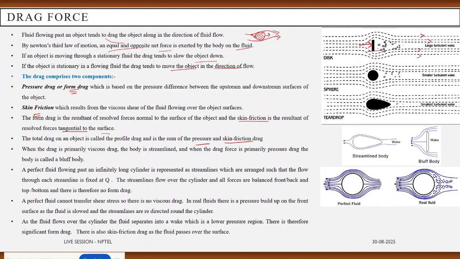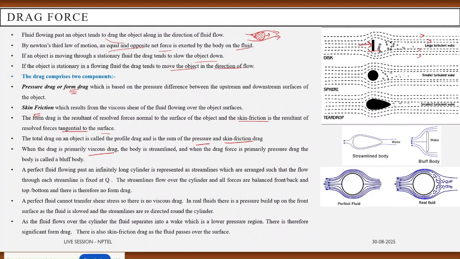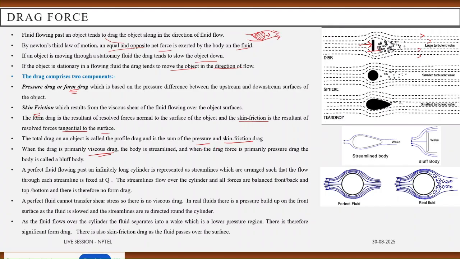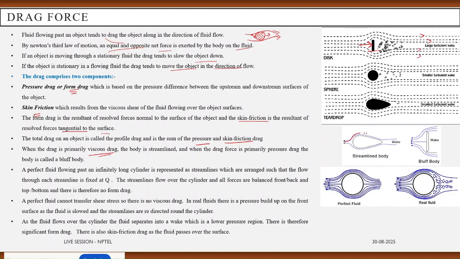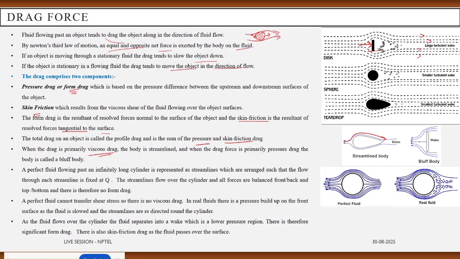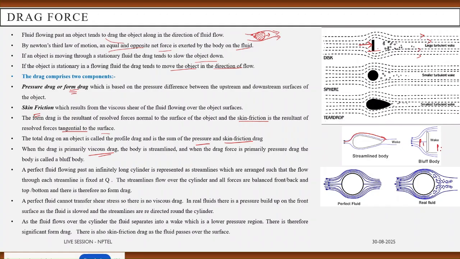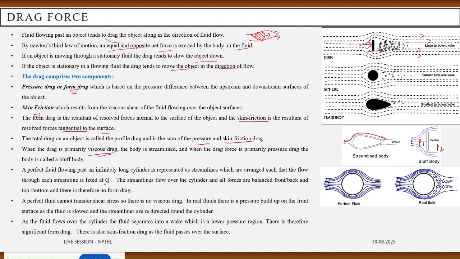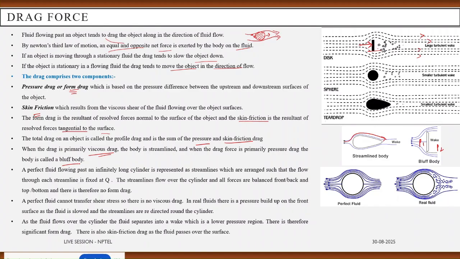So when the drag is primarily due to viscous force, or viscous drag, the body is streamlined. But when the drag force is primarily due to pressure drag, there is a high pressure and low pressure zone. So that body will be called a bluff body.